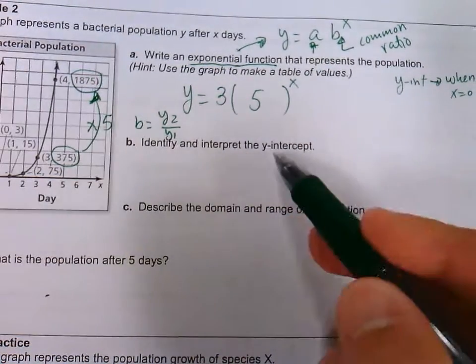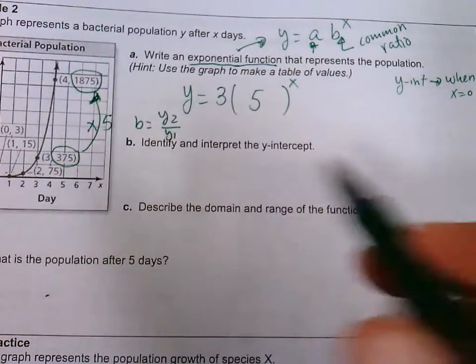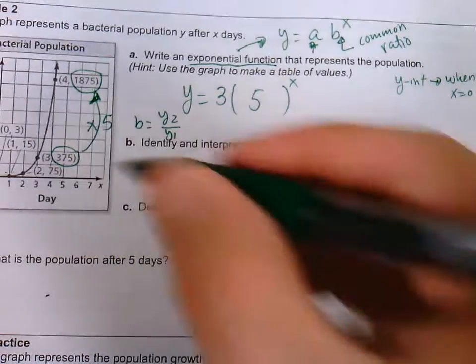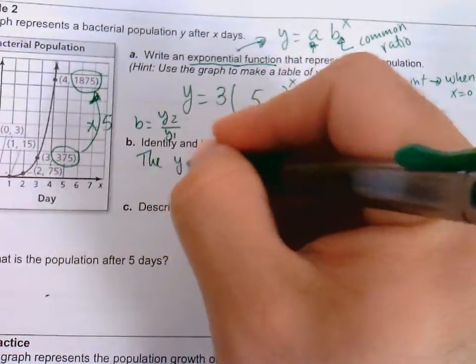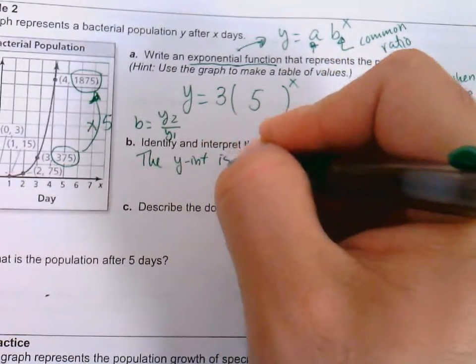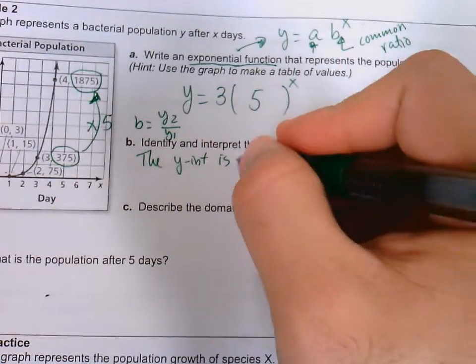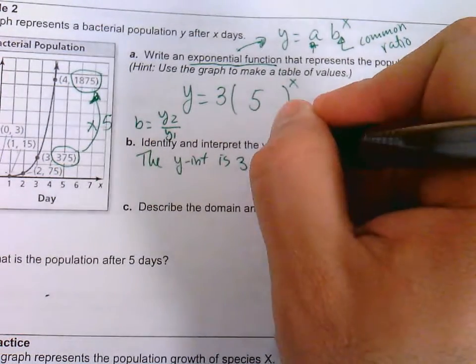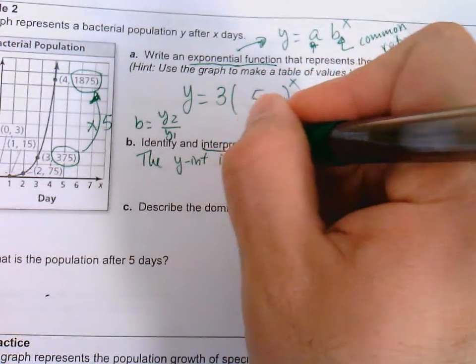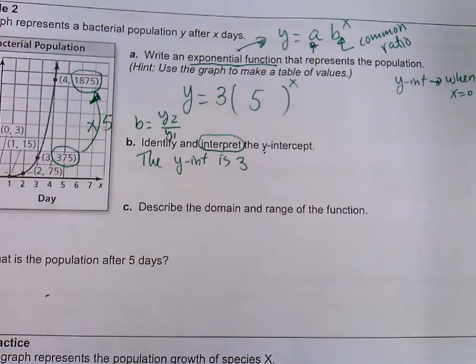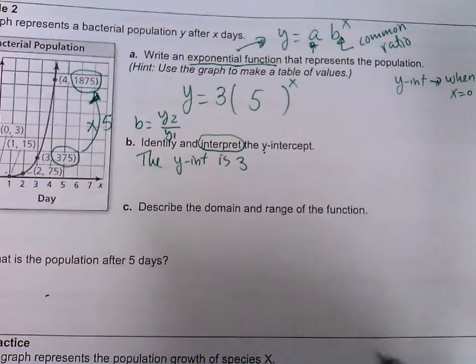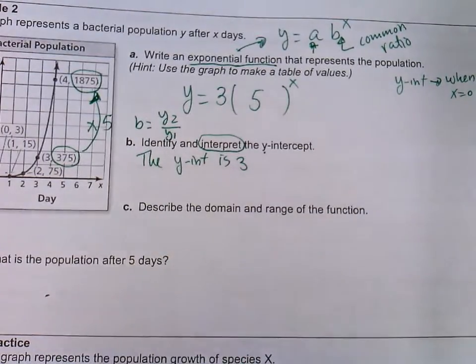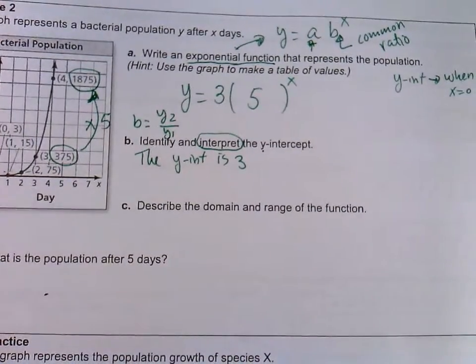Now it says, identify and interpret the y-intercept. Well, we know that the y-intercept is 3. And now the interpretation is probably the most important part here, because good mathematicians know exactly what numbers mean, at least most of the time.